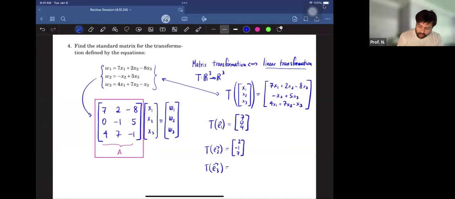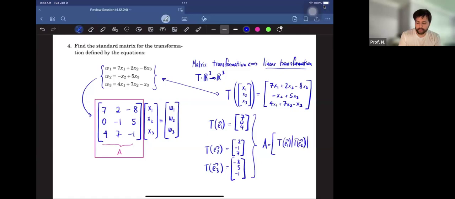And same thing goes for E3. You get -8, 5, -1. And these are the columns of the standard matrix representation. That's how this thing goes.